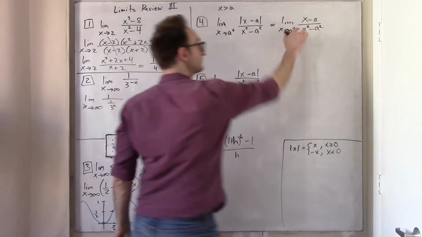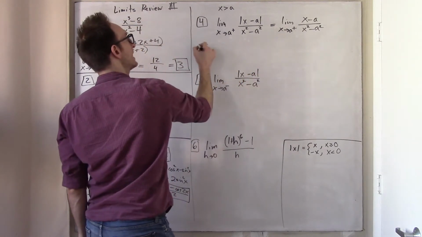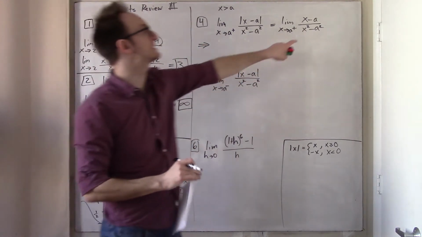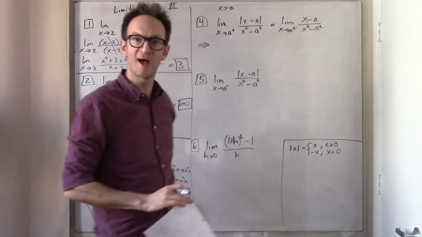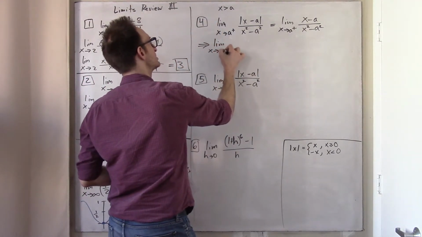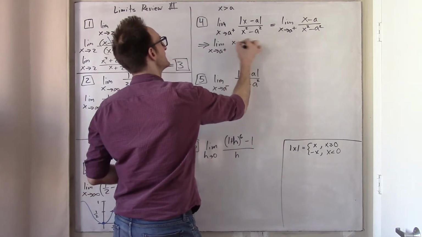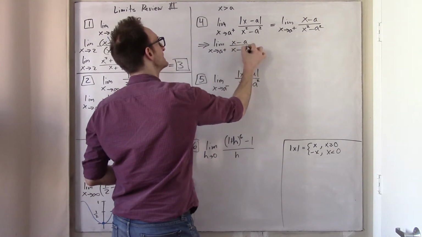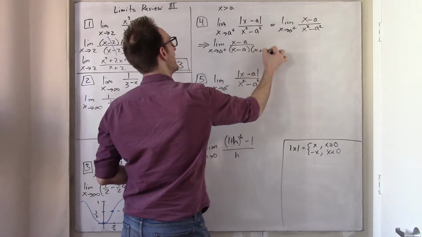So, I've already made some progress now because on this second step, I got rid of the absolute value. Now that that's gone, my life is a lot easier. This becomes the limit as x approaches a plus of x minus a over x minus a times x plus a.